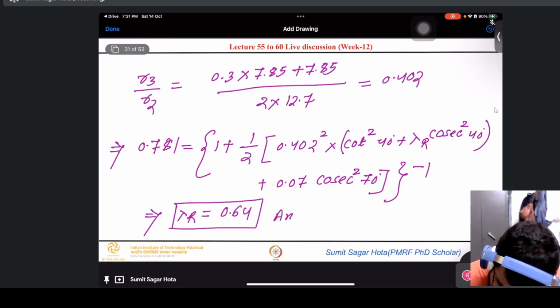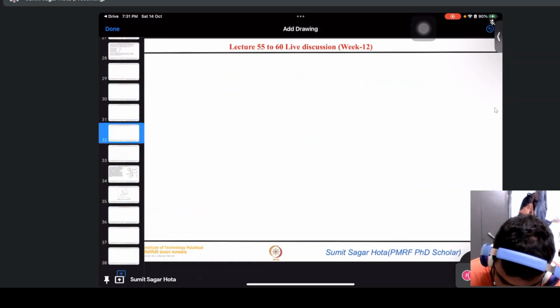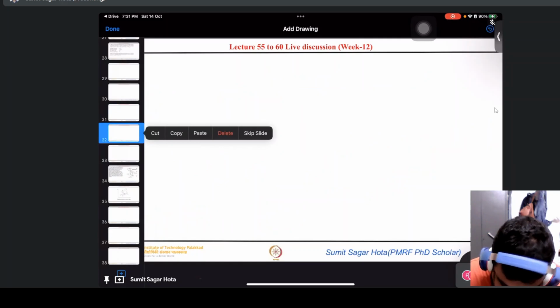This is your answer. The question is very simple, but you should know all the formulas, then only can you do this kind of question.